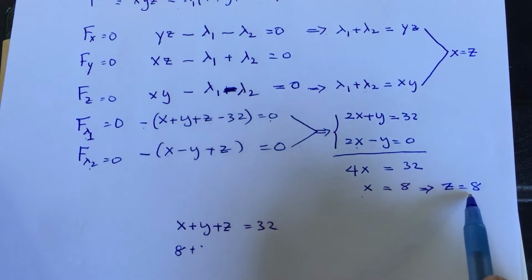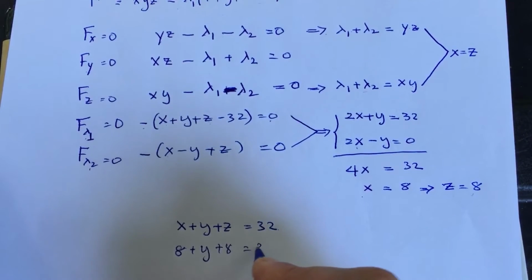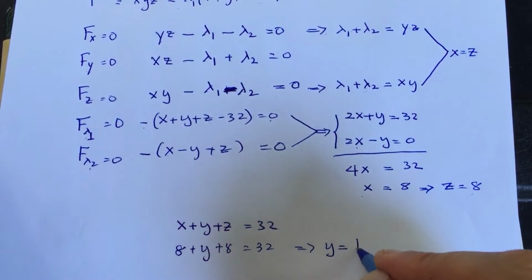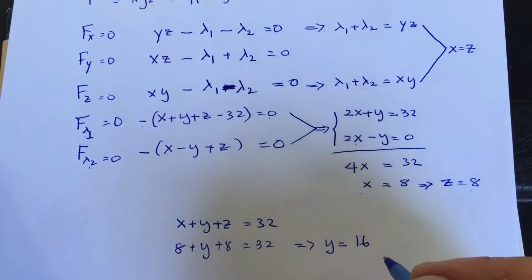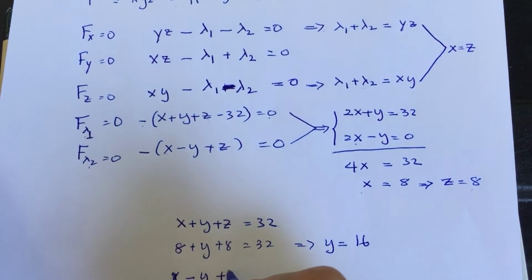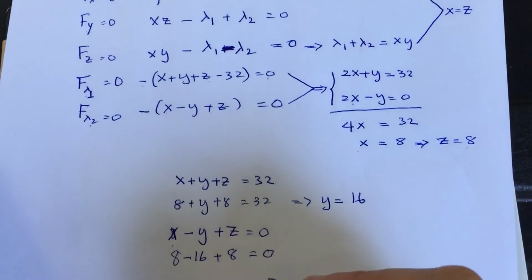If x equals 8, then z equals 8. If z equals 8, we know that the sum of these three is 32, that means 8 plus y plus 8 equals 32. That implies y must equal 16. And check if it satisfies the other condition. Remember, the other one is x minus y plus z equal to 0. 8 minus 16 plus 8 is also 0. So this is your final solution.